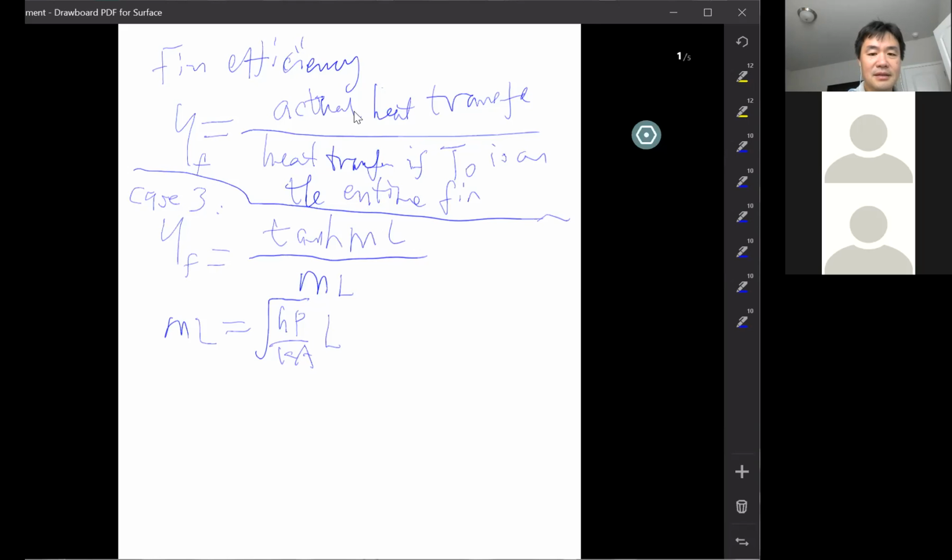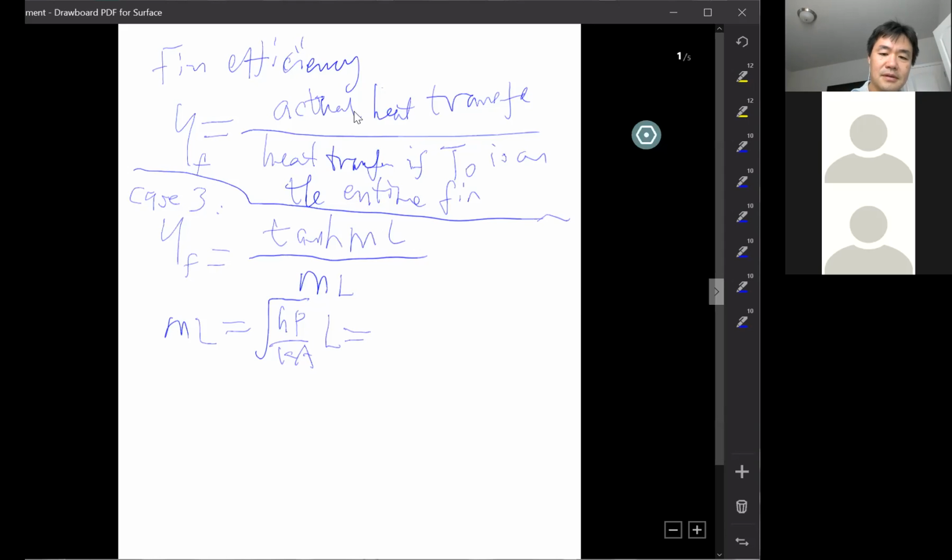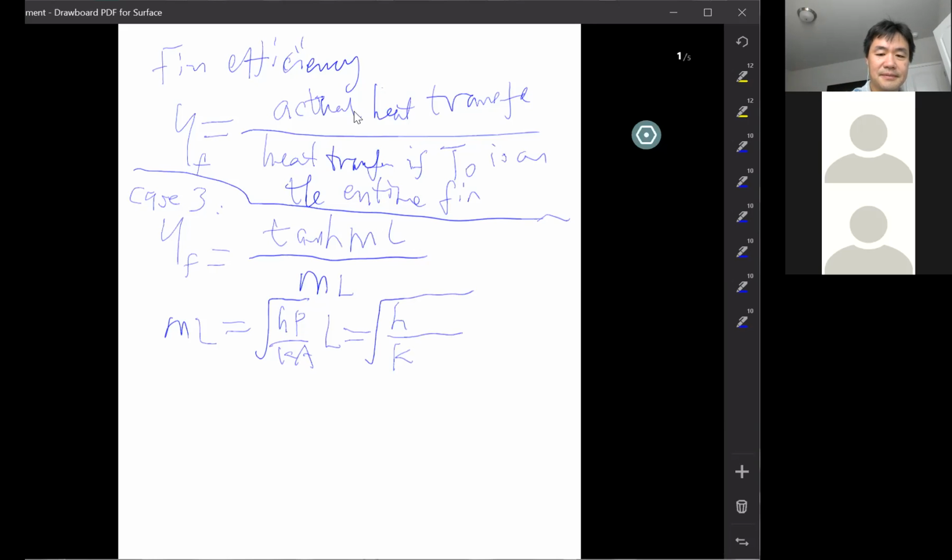And A is the cross-sectional area, right? What is P? Anybody? Is P the perimeter? That's right.